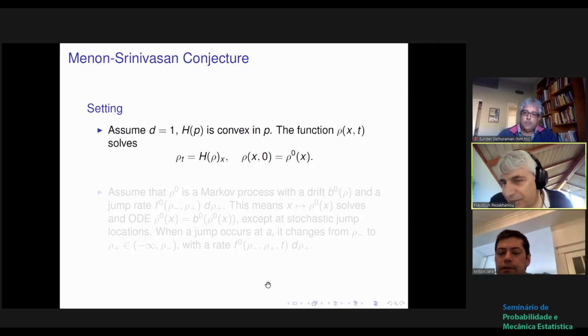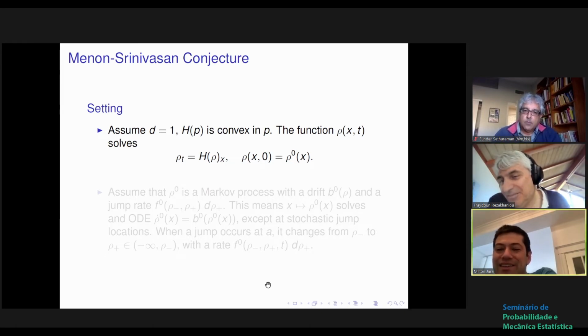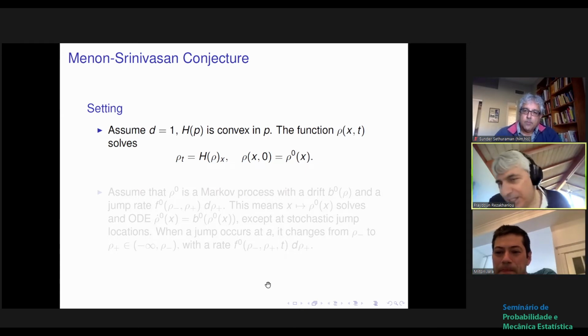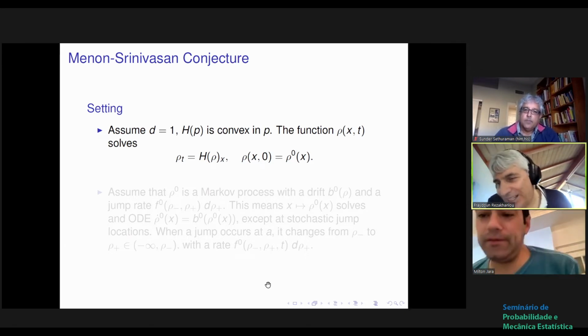It has the same flavor, but again, here I'm simplifying the KPZ equation by dropping various terms. Nonetheless, some of the features are there. For the KPZ equation, you have to allow the Hamiltonian function to depend on x and t, and I'll get to that eventually.